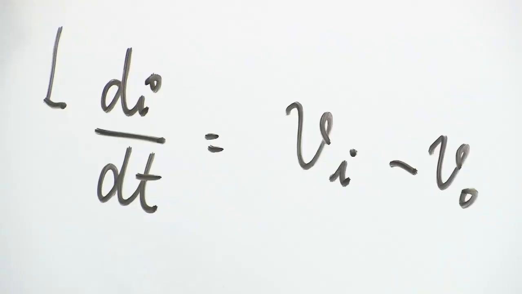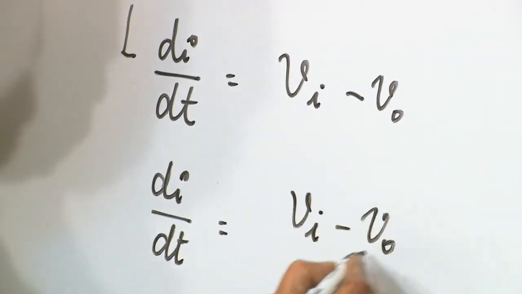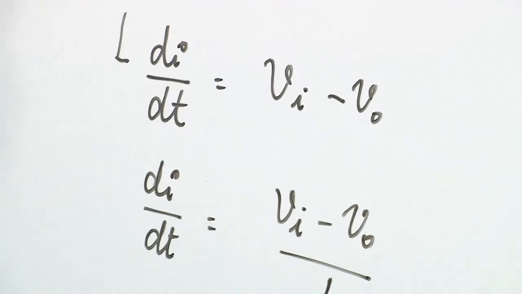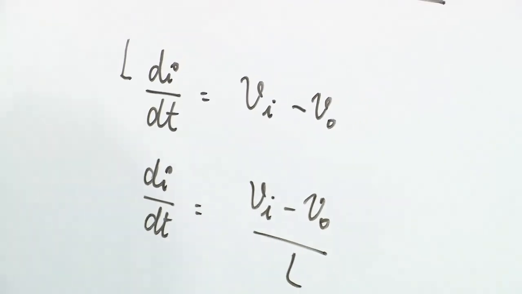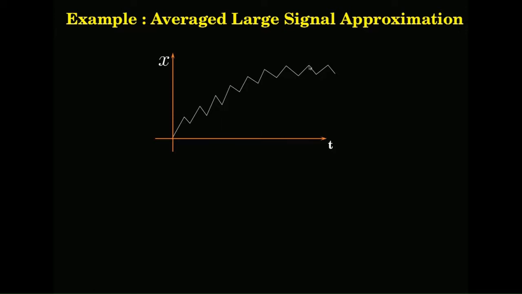So, this di by dt is the slope, Vi minus V0 by L. So, that is this rising slope part here.